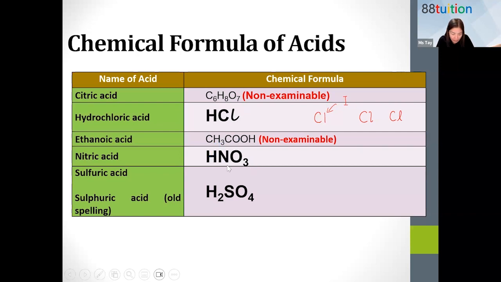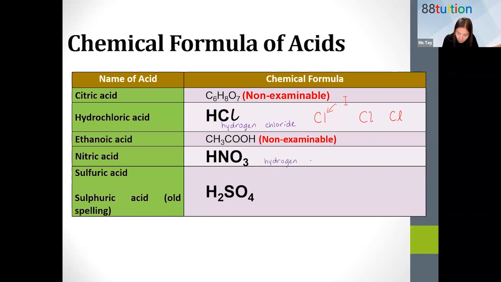Nitric acid is HNO3, sulfuric acid is H2SO4. There's another name for each of them. Maybe I can write down for you. HCl, we can call this hydrogen chloride.